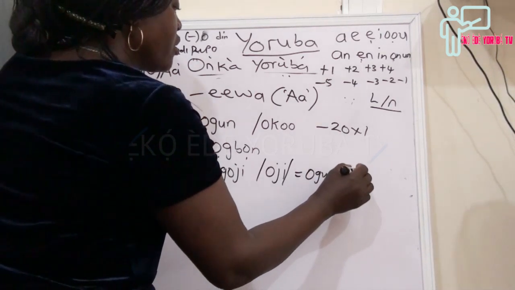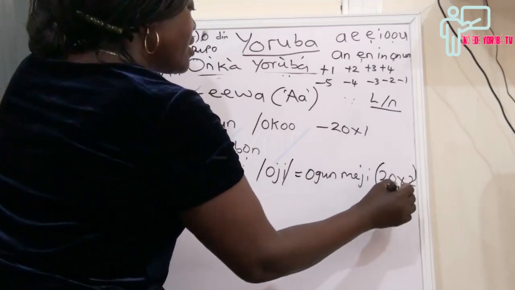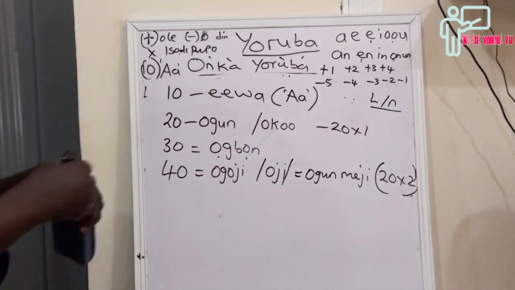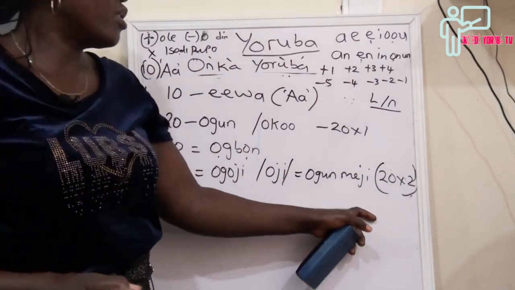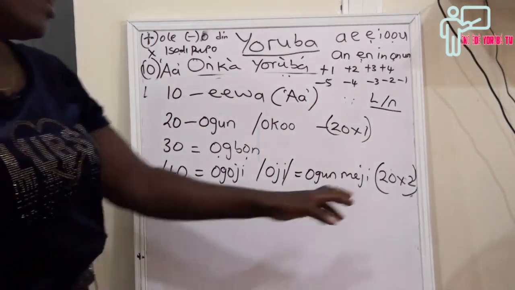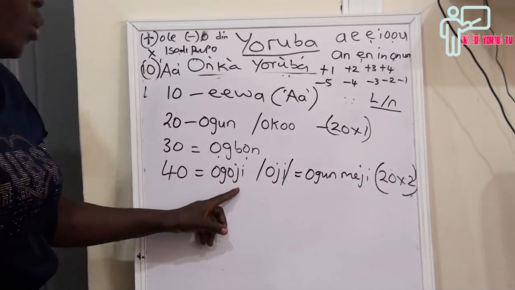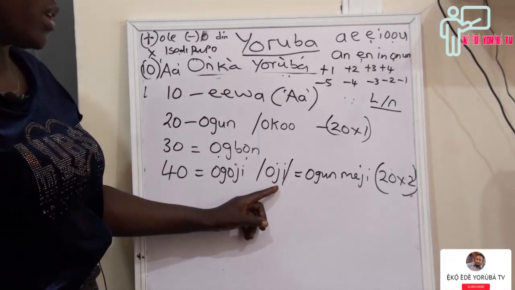Ogún méjì, which is 20 times 2. That is where we see ogún méjì. This is ogún kan, 20. So 20 times 2 will give us 40. And we call 40 ogójì, or we say òjì.